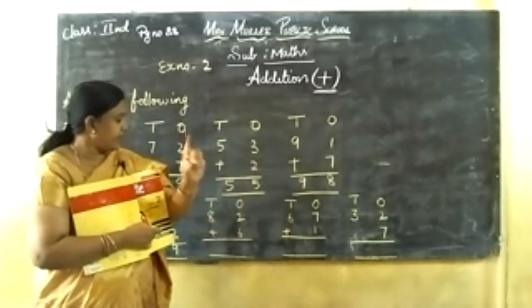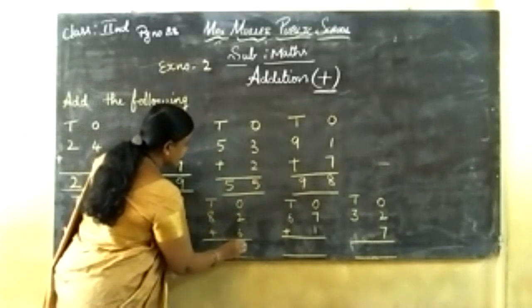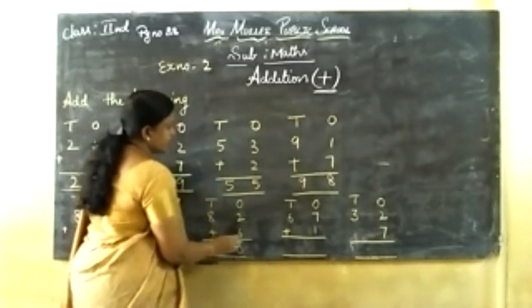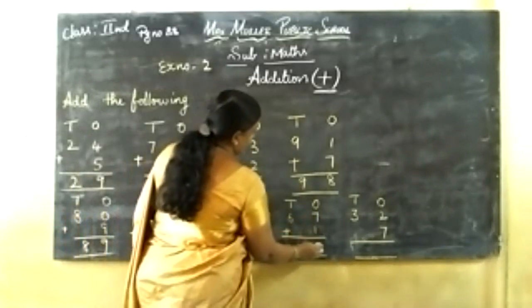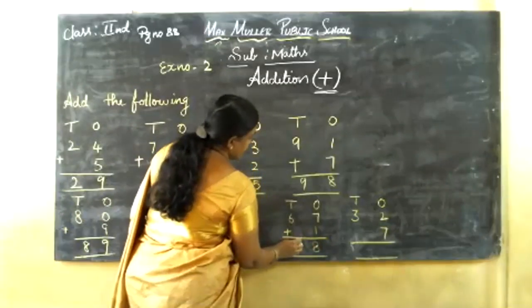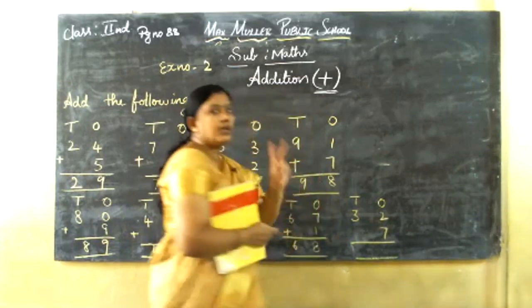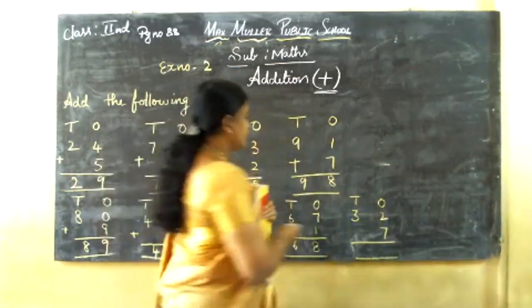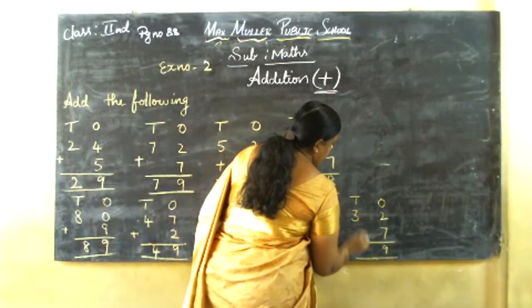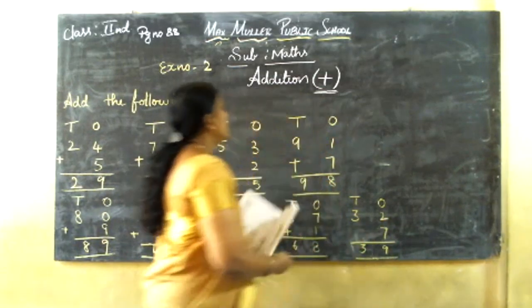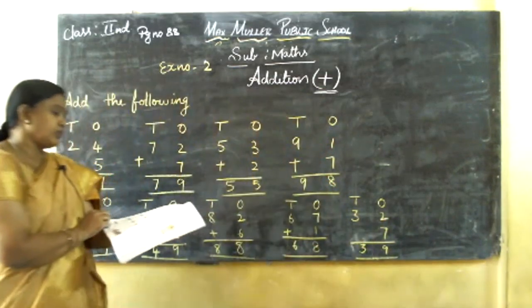After 6, 7, 8. 8. 7 in the mind, 1 on the finger. 8. As it is 6. 7 in the mind, 2 on the finger. After 7, 8, 9. As it is 3. Today we finished exercise number 2, children.